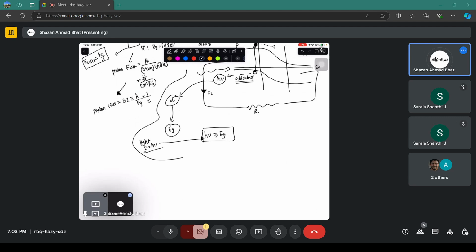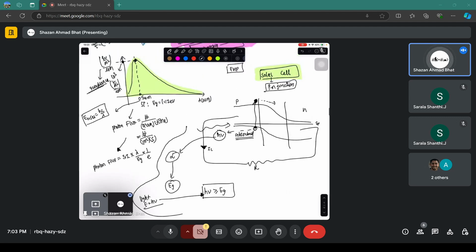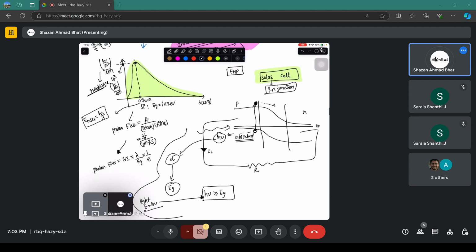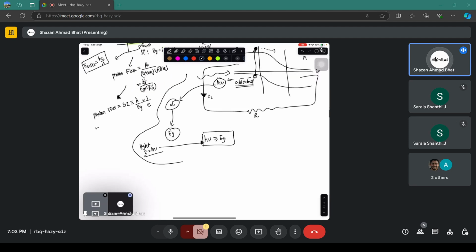And I think I made some mistake here. Let me check. Okay, actually the spectral irradiance is basically the flux times the energy of that particular photon. This is the photon energy divided by the wavelength.